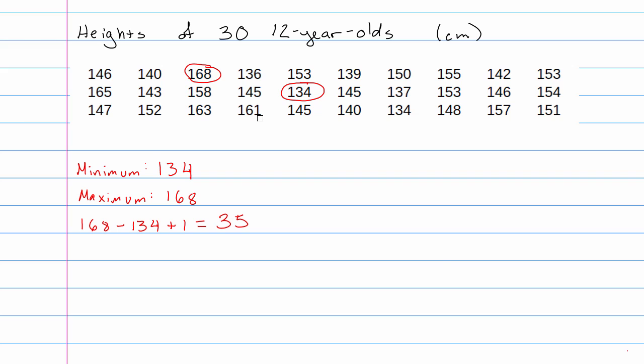I'm going to choose to have 5 groups. So I want 35 divided by 5 is 7 numbers per group.